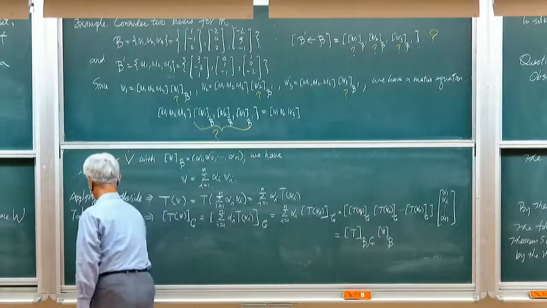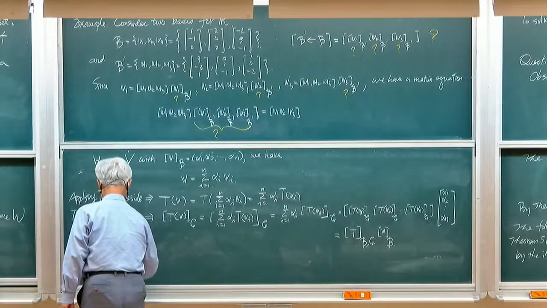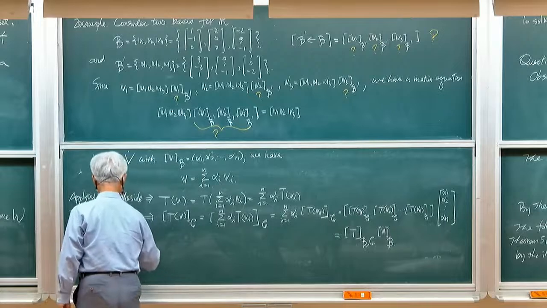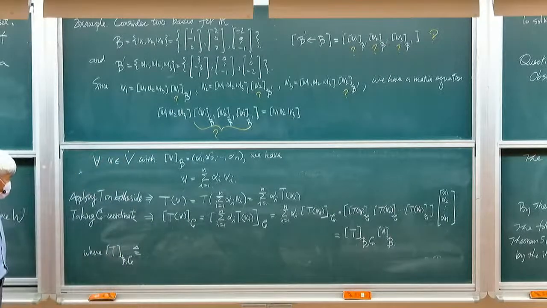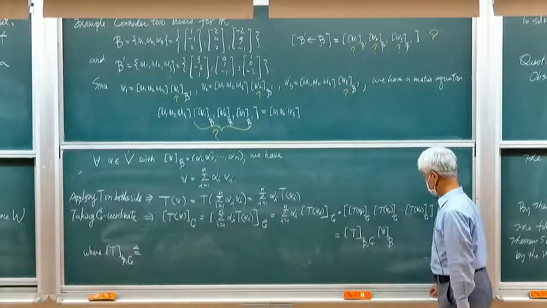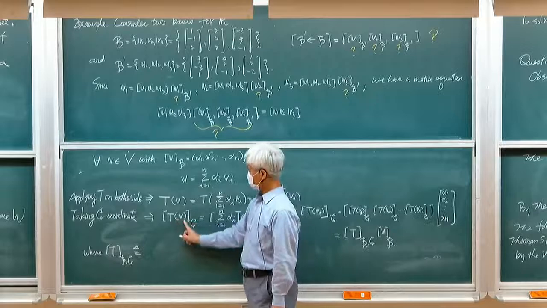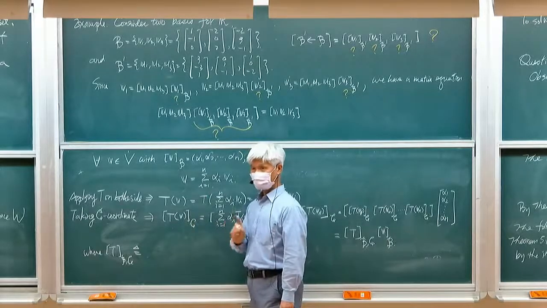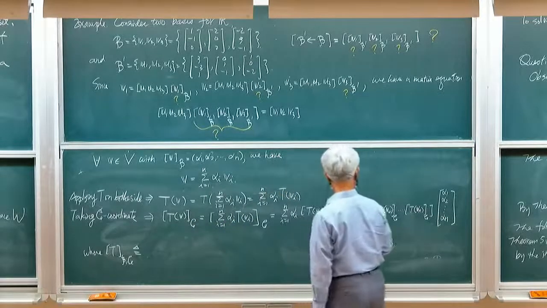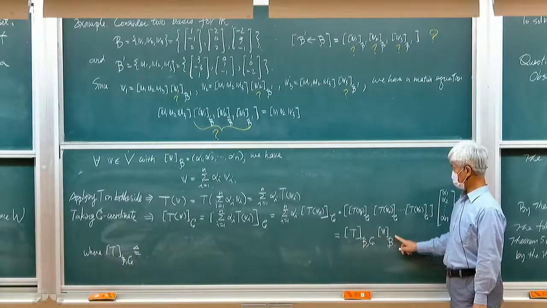Where we define this matrix. So what is the dimension of this matrix? Because the C coordinate vector is m dimensional, and the B coordinate is n dimensional.